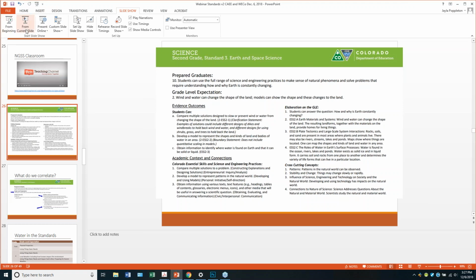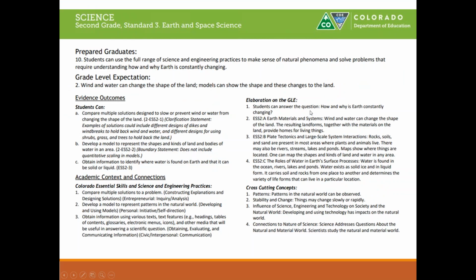And now what NGSS is asking us to do is have the exploration first, have students explain what they think is happening, and then actually overlay the content on top of that. So really kind of flipping how traditionally that might have been taught. So not a huge shift, but definitely a shift that takes some thinking about.